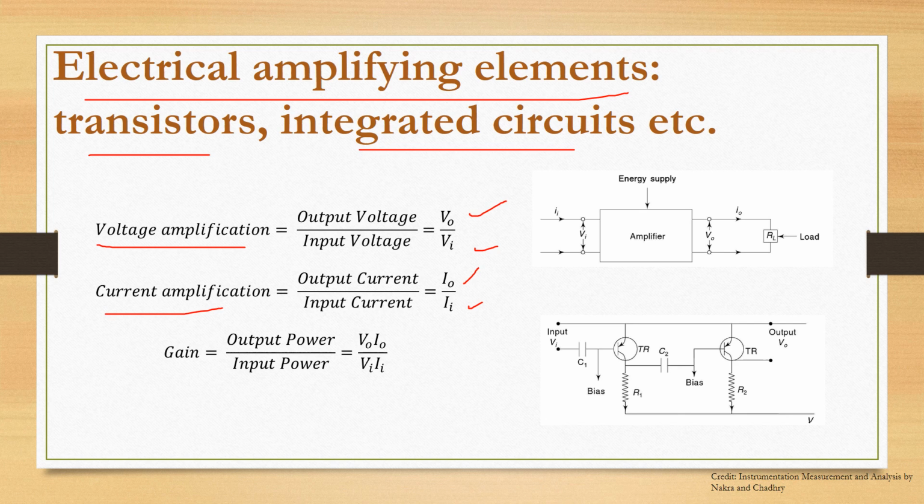And you can have power amplification element, in which power is amplified. So power is Vo Io. This is the output power, and Vi Ii is the input power. And we can use transformers or transistors for this amplification of electrical signals.